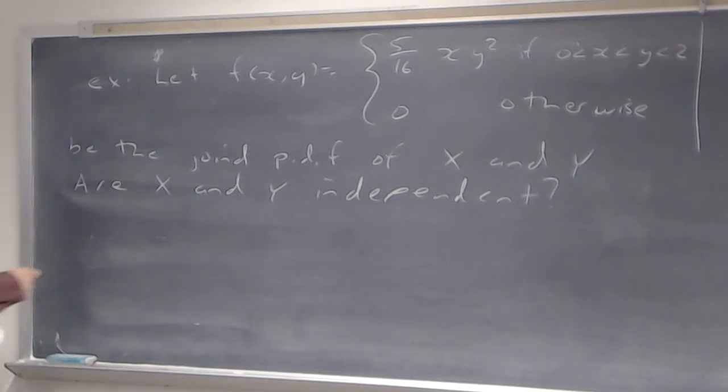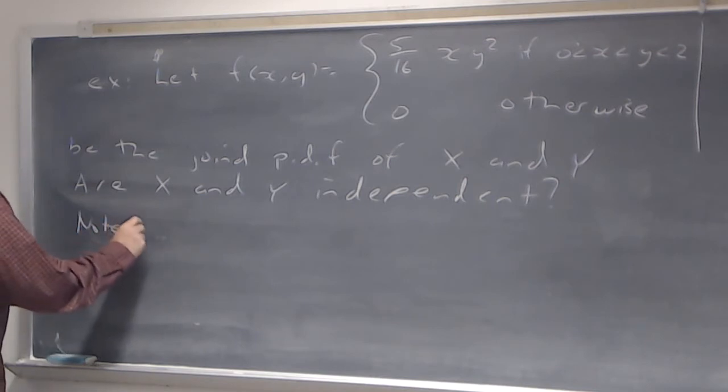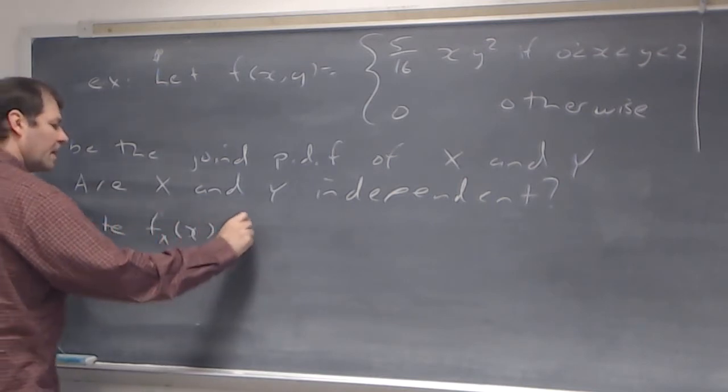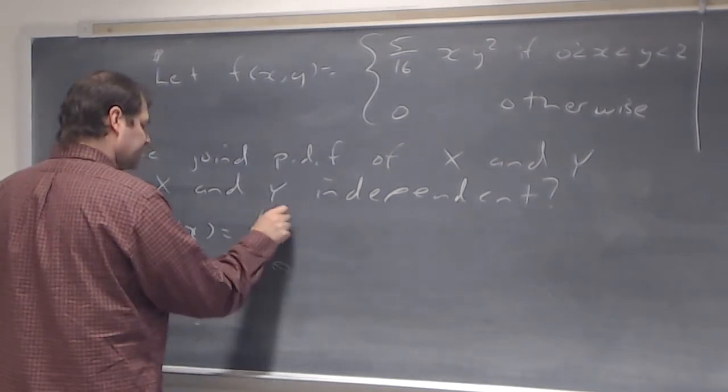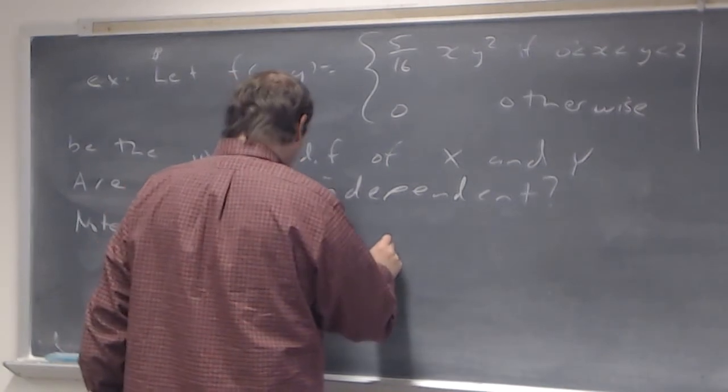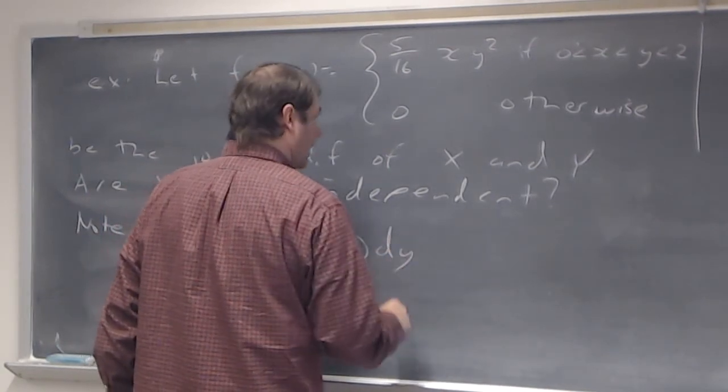Okay, well, again, we'll compute the PDF of x. And if you remember, that's the integral from minus infinity to infinity of f of x comma y, and then you integrate with respect to y.